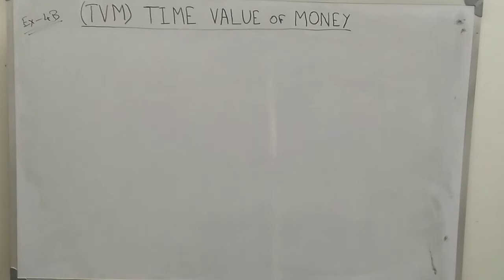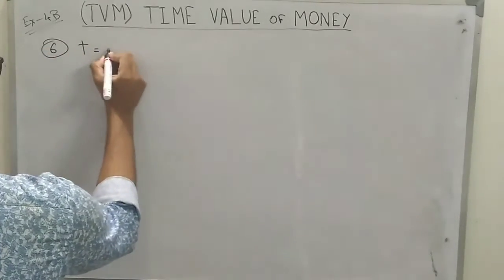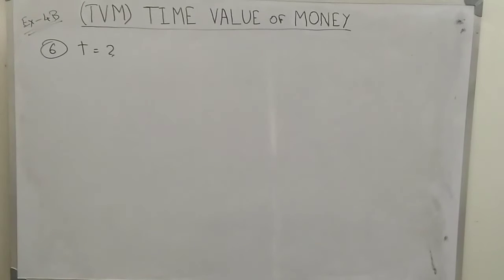That means in question number 6, T has been asked. Time period has been asked. Then it is said the number of years by which the total increase of population will be 40%.